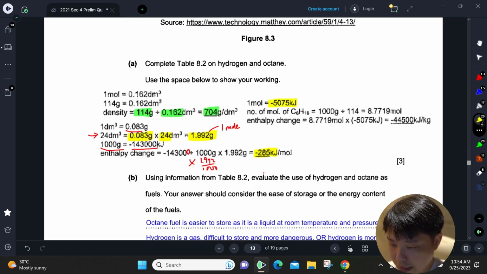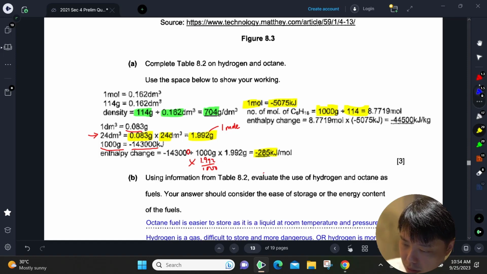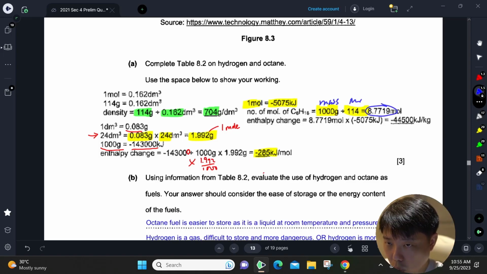So we're going to find out, for 1000 grams instead of 1 mole, what is the number of moles here. So 1000 gram divided by the MR. This is actually mass divided by the MR of octane. So we get a grand total of 8.77 moles.